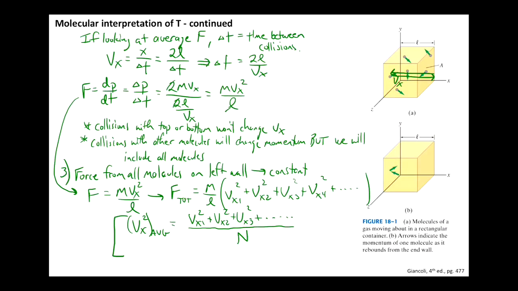It's the sum of all of those individual velocities squared divided by the number that I added together, and I've got one of them for every molecule that's in the gas. And that notation on the left, vx squared with AVG at the bottom, is kind of extra and useless. Let's rewrite that a little bit cleaner. We could write that as vx squared and put a bar over the whole thing to denote the average.